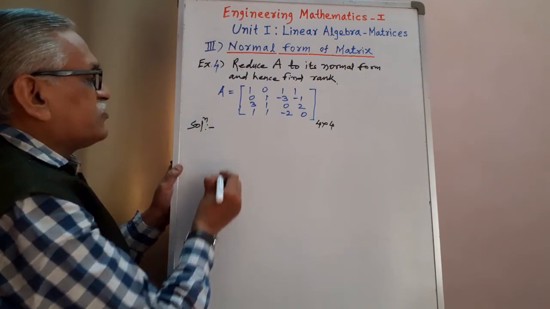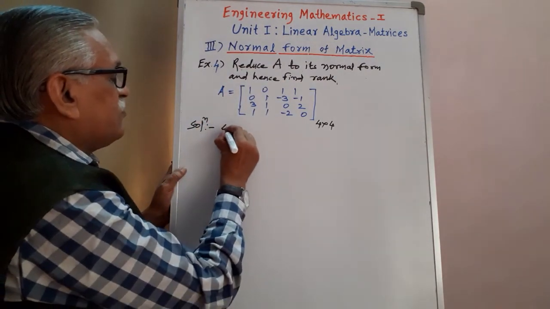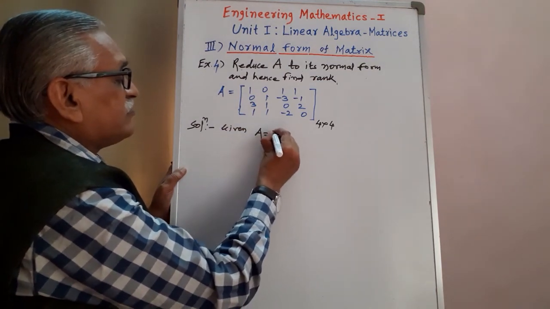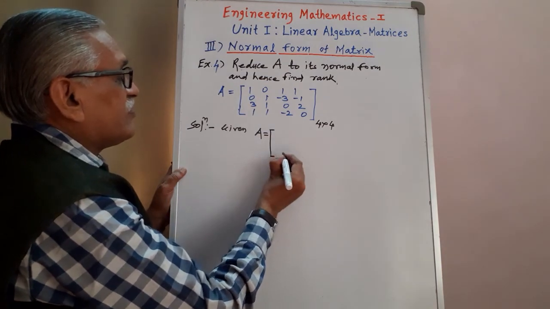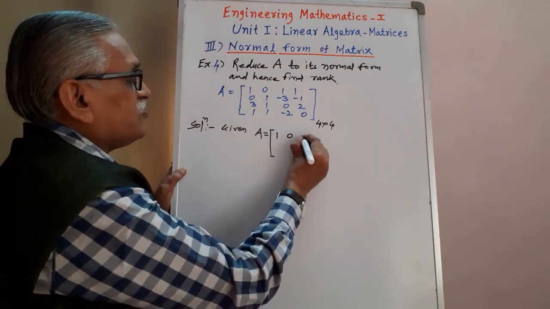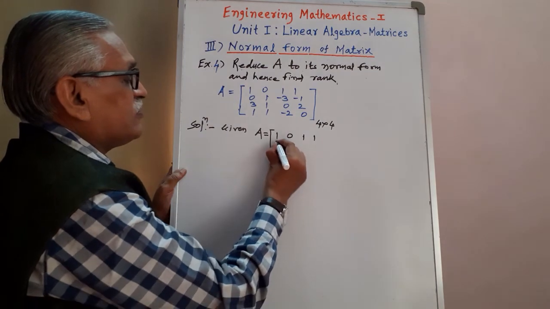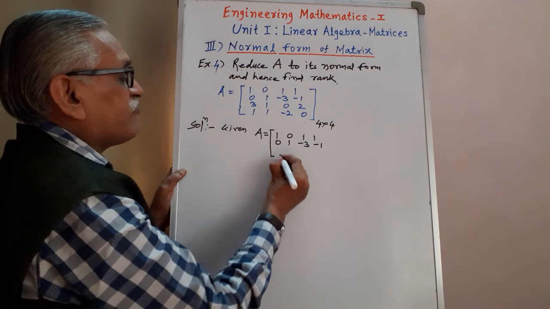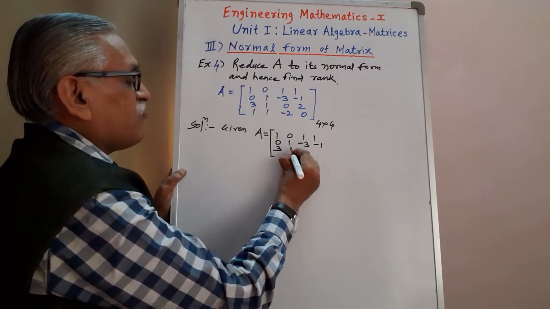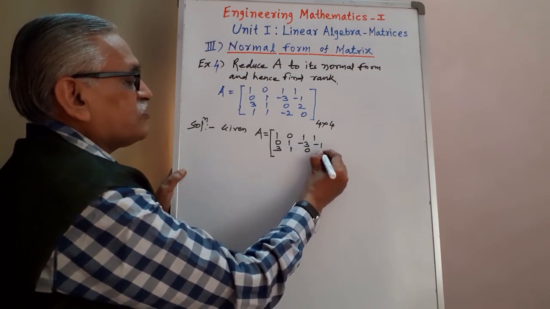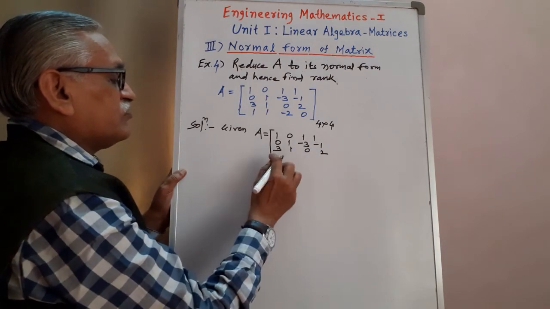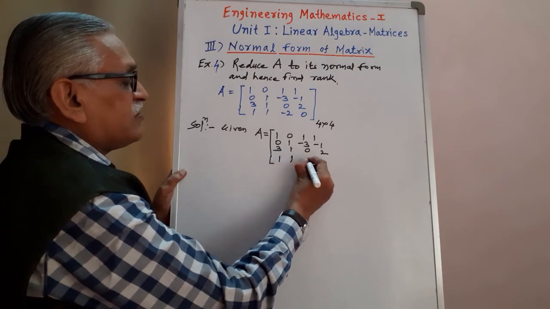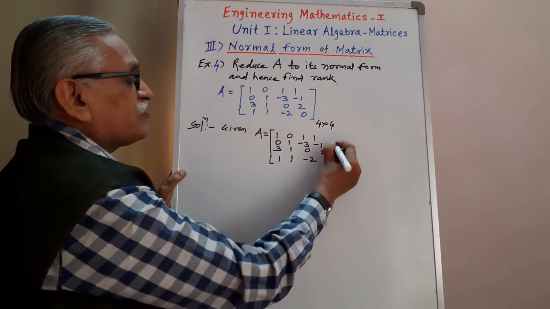We try to convert it into its normal form. Therefore, given matrix A as 1 0 1 1, 0 1 minus 3 minus 1, 3 1 0 2, 1 1 minus 2 0.